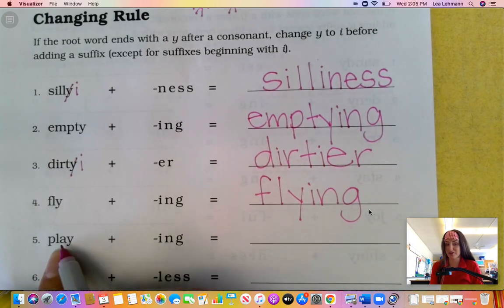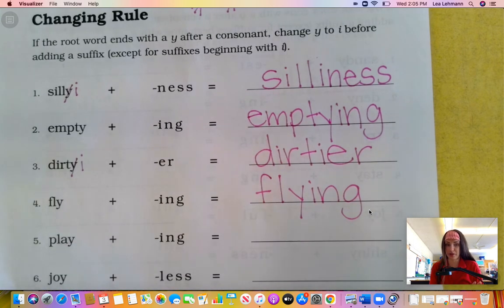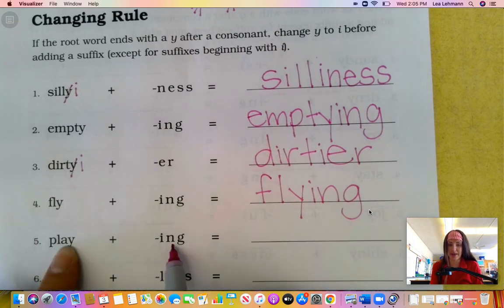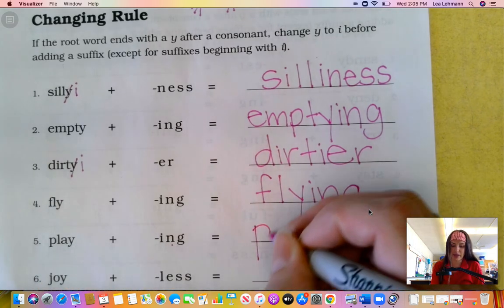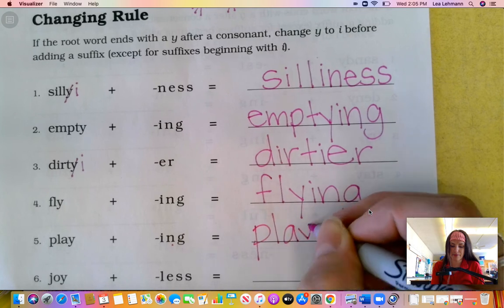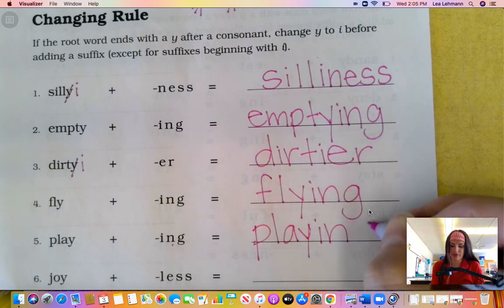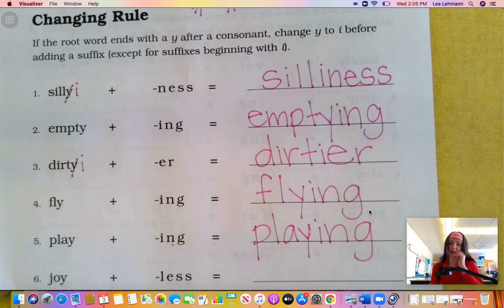Number five says playing, same thing. Now, do I have a consonant Y? No, so none of those rules even apply anyway. So it's just play and ing. Playing.